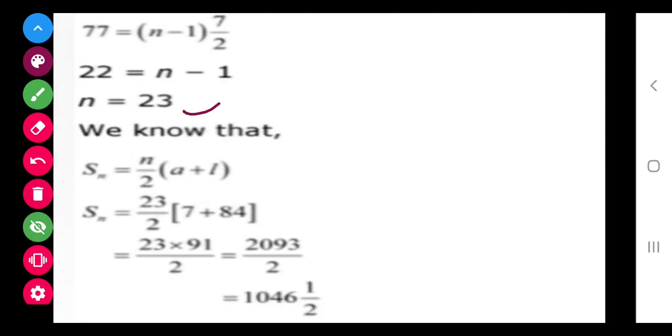They have got n is equal to 23. Now they have used the second formula. Second formula can be directly implemented, that is Sn is equal to n upon 2 (a plus an), that is L. So on solving we are getting this much as an answer.